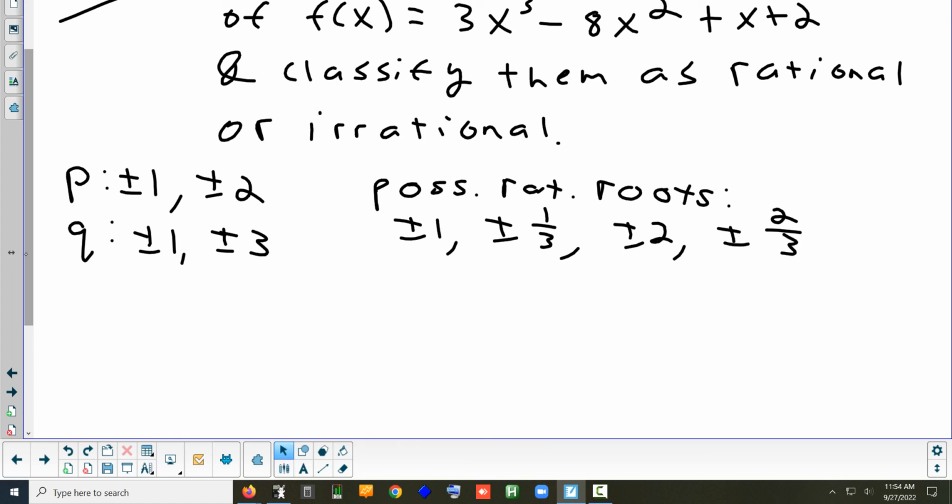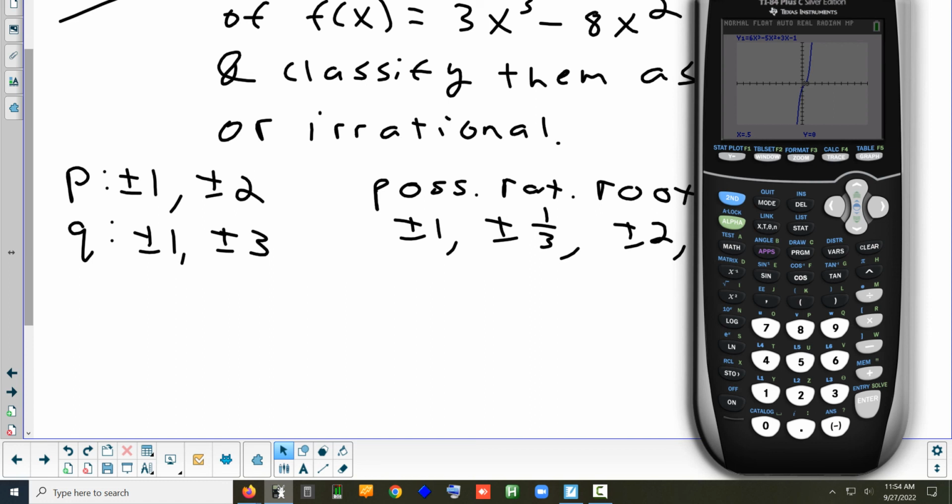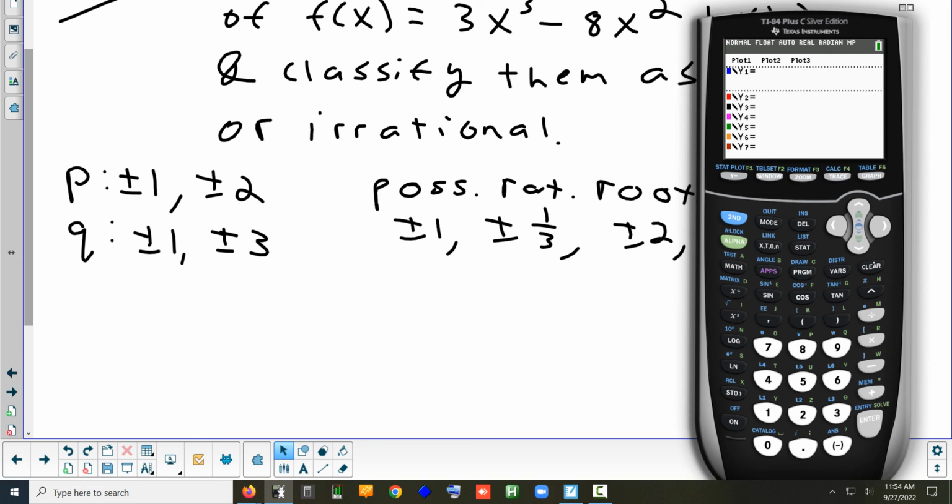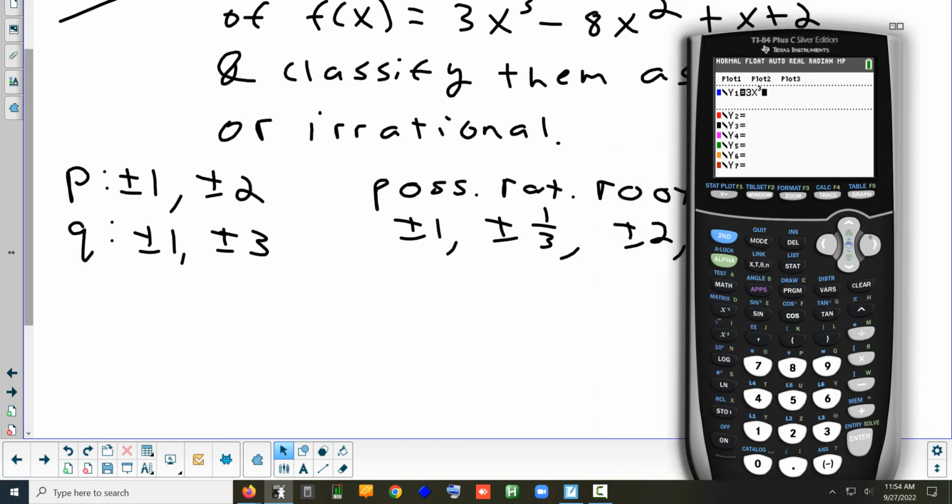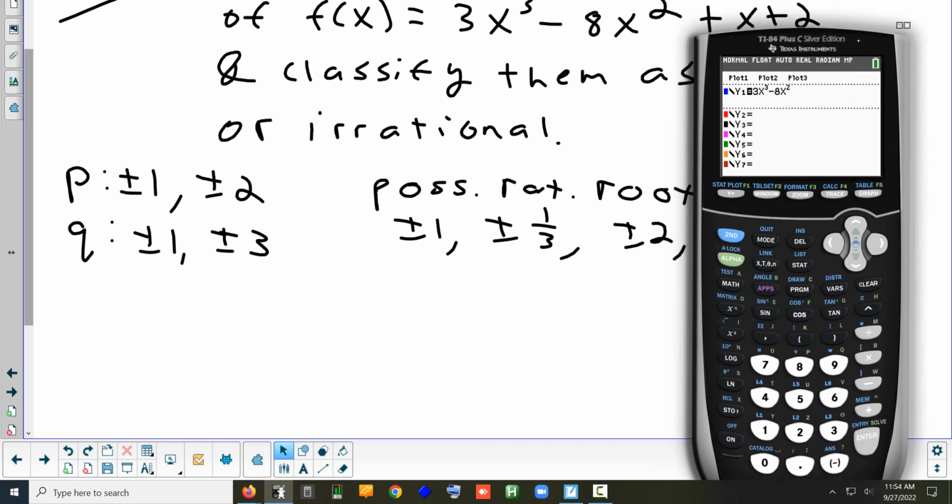Okay, so only 8 numbers to check, all between 1 and negative 1. The standard window will show us which ones are reasonable very quick. So 3x cubed minus 8x squared plus x plus 2.